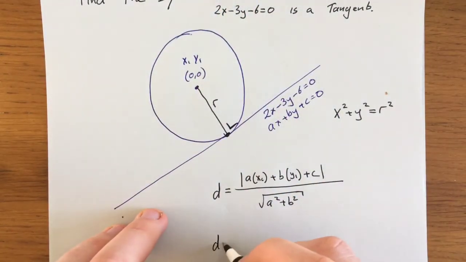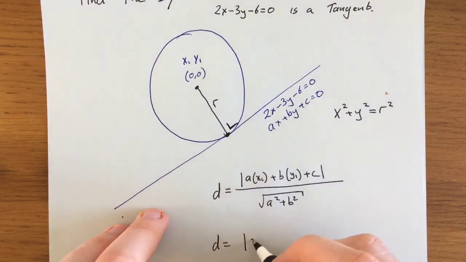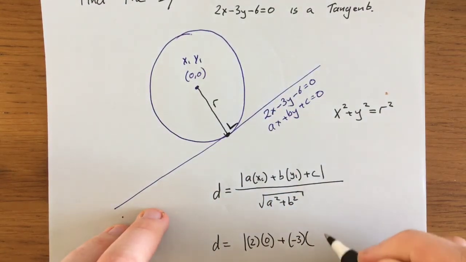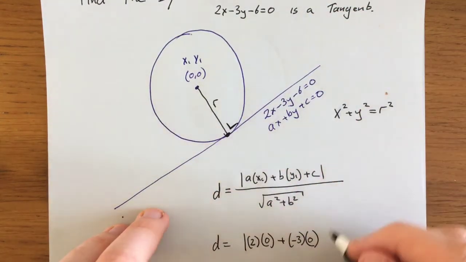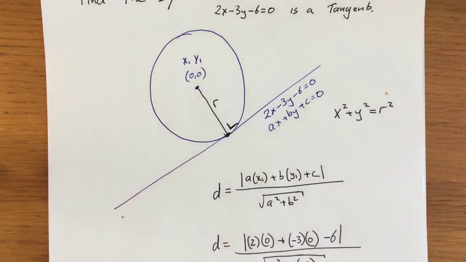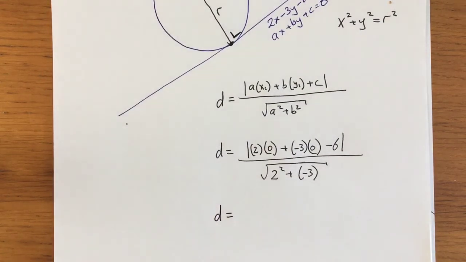So to fill this in, the distance will be the absolute value of a, which is 2, multiplied by my x1, which is 0, plus b, which is minus 3, multiplied by my y1, which is 0, and then plus c at the end, which is minus 6, all over the square root of a squared, which is 2 squared, plus b squared, which is minus 3 squared.